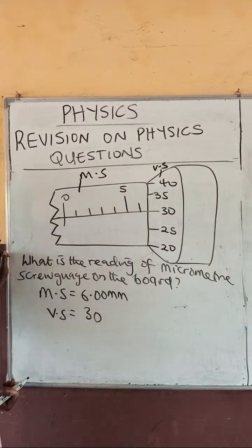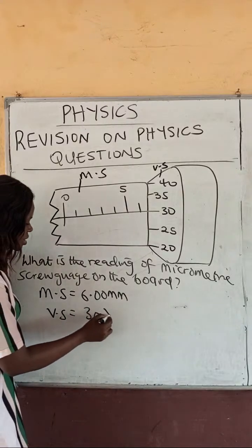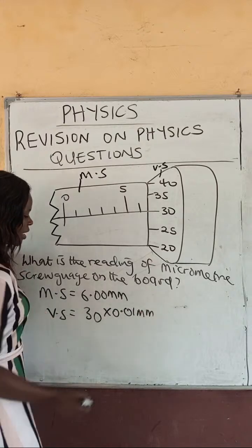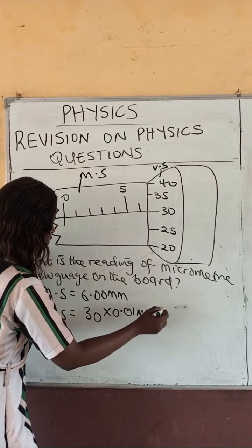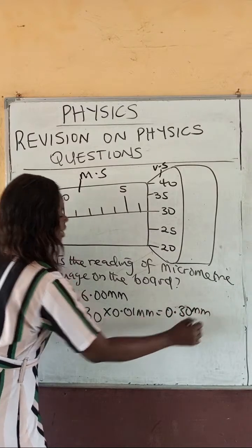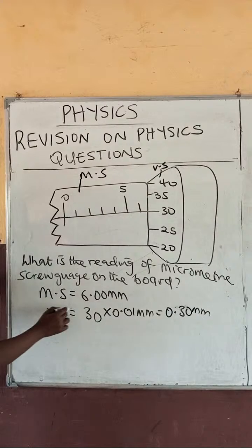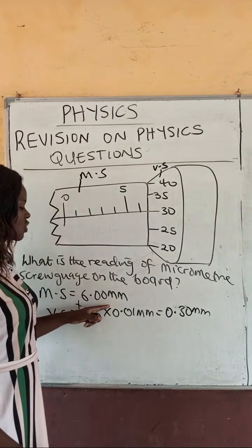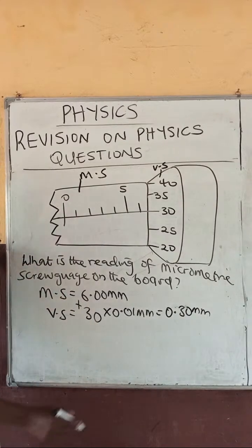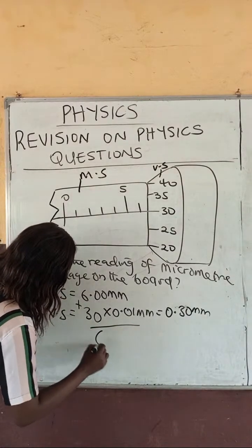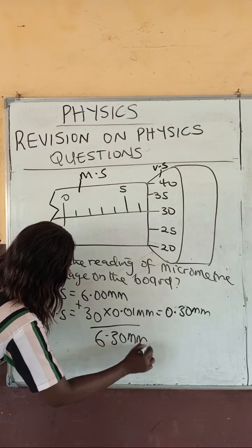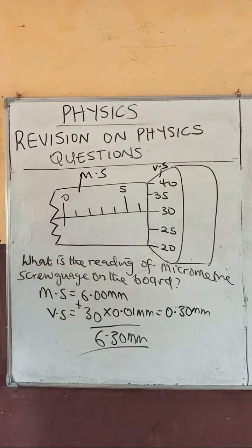Then I'll multiply by the reading accuracy, which is 0.01 millimeters. By the time I multiply, I'm going to have 0.30 millimeters. Then I add 6.00 millimeters plus 0.30 millimeters, and my answer is 6.30 millimeters. That's the reading of the micrometer screw gauge.